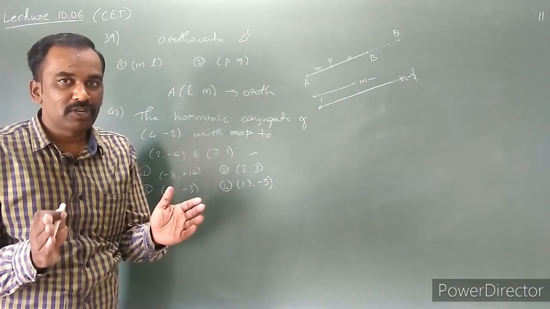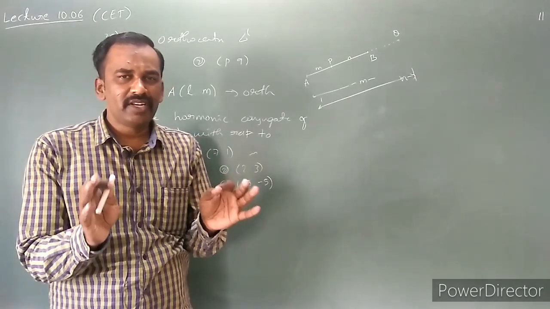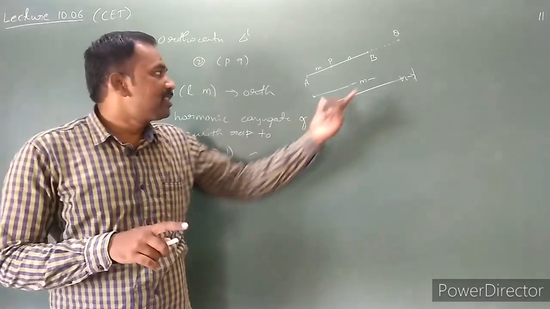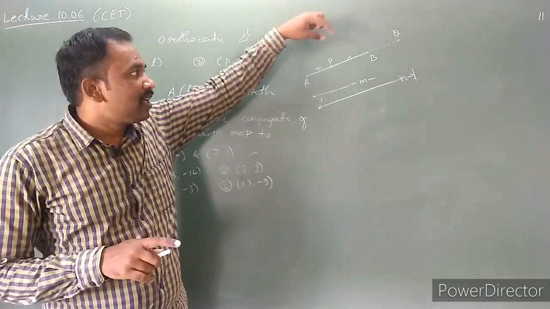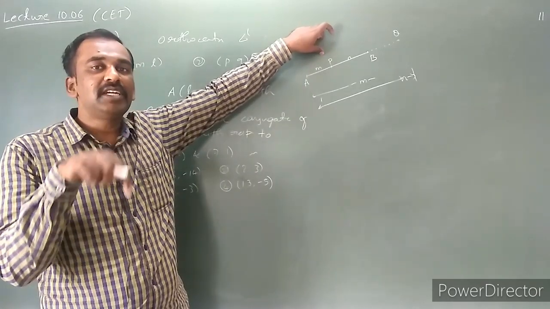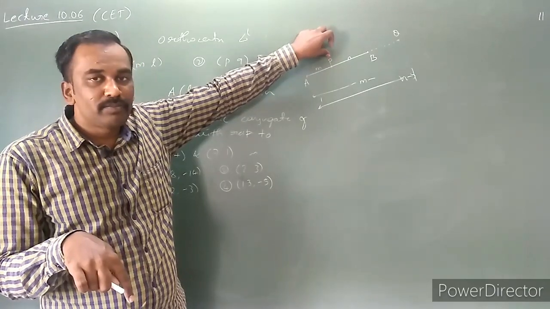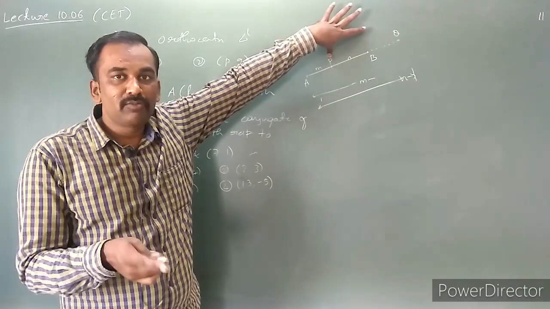Are you clear about the harmonic conjugate with respect to the 2 points of the line segment AB? Very simple. One line segment is there, and for that line segment, one point is already given which divides the line segment internally. Then for this point P, we need to find the harmonic conjugate.